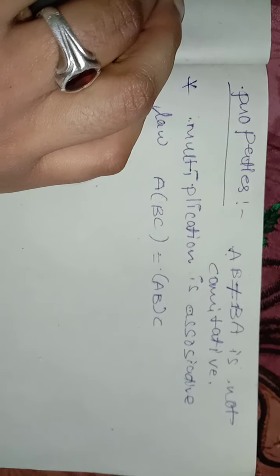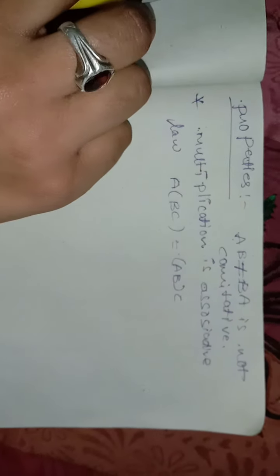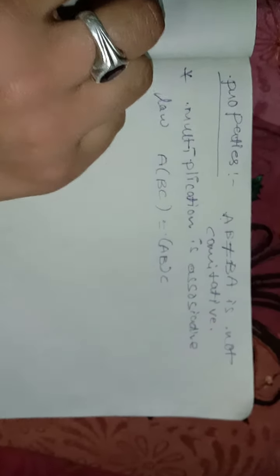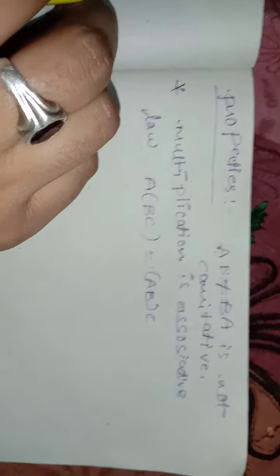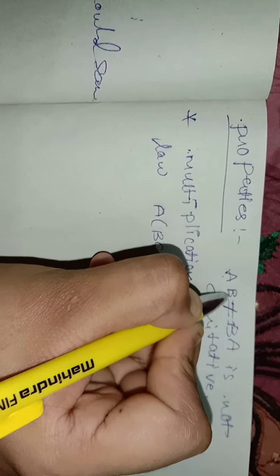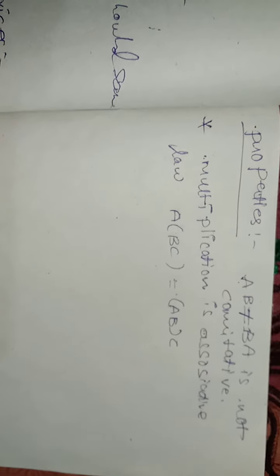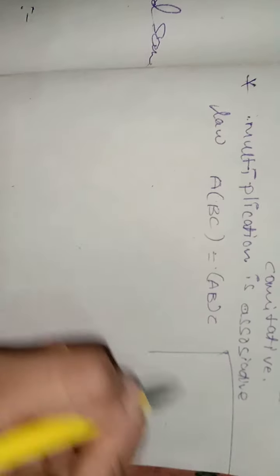Now you may have the doubt of why it does not obey the commutative law. Because I remind you again that for the multiplication of any two matrices, the first matrix's columns should be equal to the second matrix's rows.